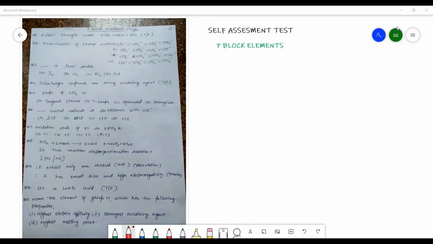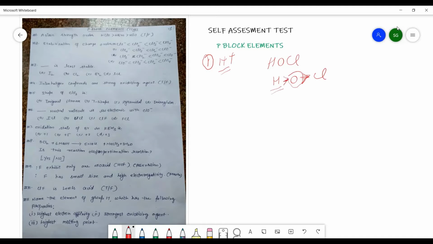Now this is a true and false type question. HClO, HBrO, HIO. All of you know well that the acidic strength is the release of H positive ion. When we see the structure of HOCl, the Cl is more electronegative in nature, so it will take the electrons from the oxygen, which is more electronegative as compared to hydrogen.